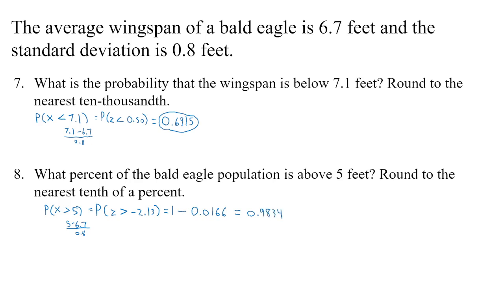So we found the probability, but they want it as a percent. That means we got to convert this decimal into a percent. And to do that, you move the decimal 2 places to the right, and then round it to the nearest tenth of a percent.